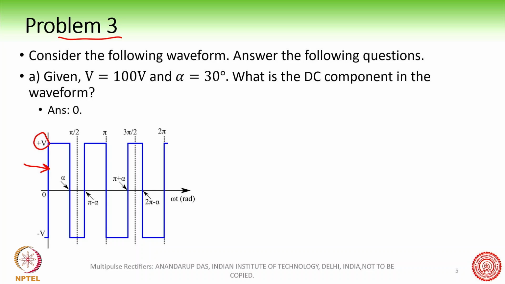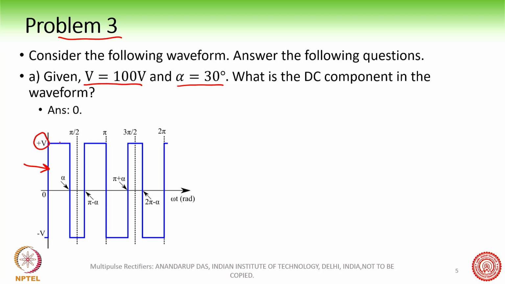Okay, so these kind of notches are used sometimes in something called selective harmonic elimination while working with voltage source converters with low switching frequency. Okay, but that is the application part of it. Let us just do it from a pure problem solving approach. So consider given here V equal to 100 volt and alpha equal to 30 degree.